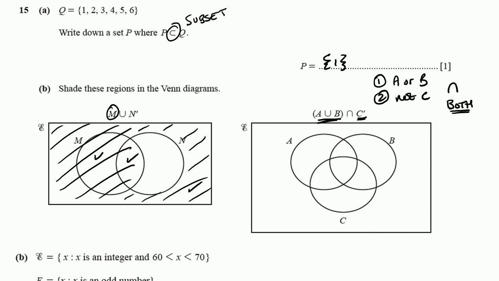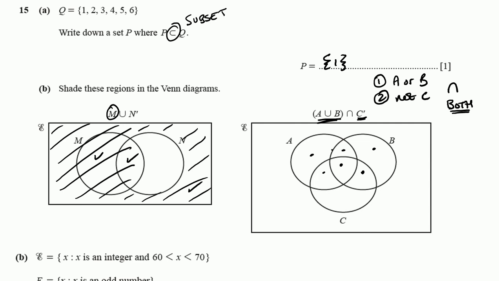Let's look at the first condition, that I'm in A or B. The only areas of this Venn diagram that satisfy that condition are these ones over here. Okay? Everything in here is in A or B. And remember in maths, or includes both, so I get to do these as well.